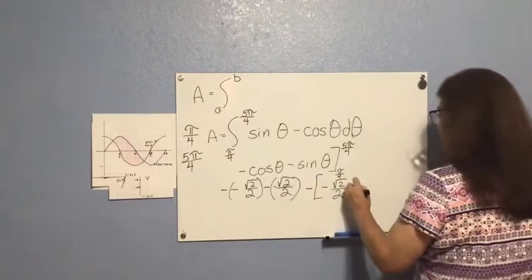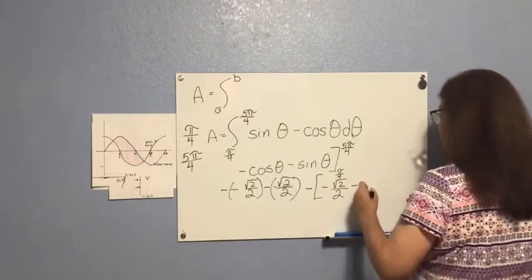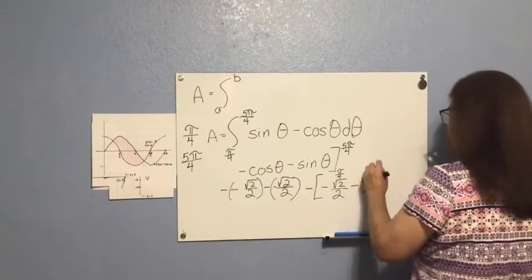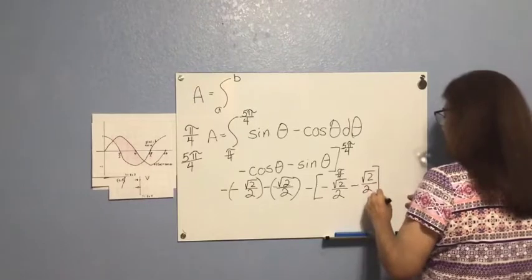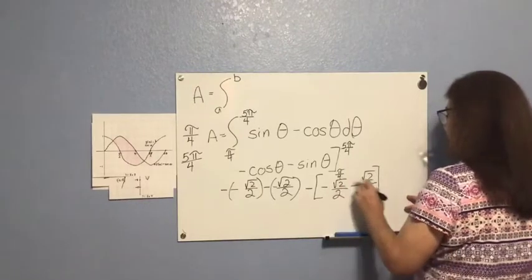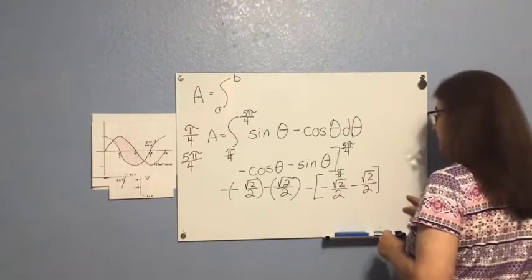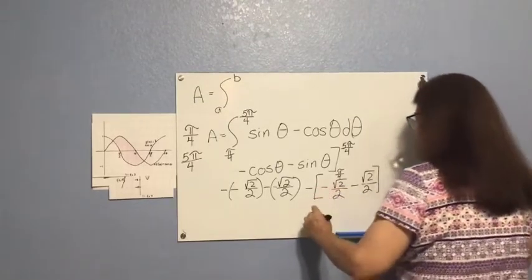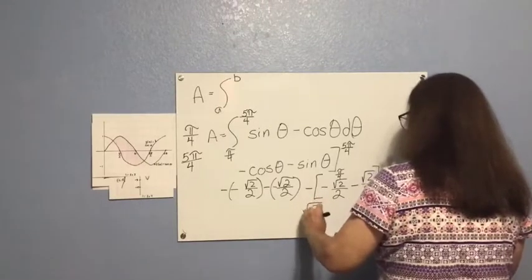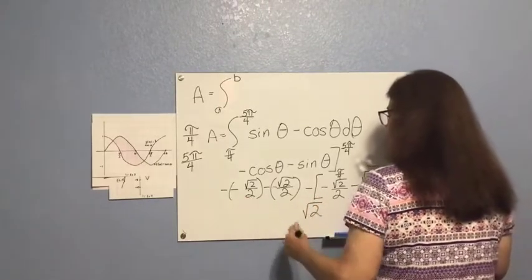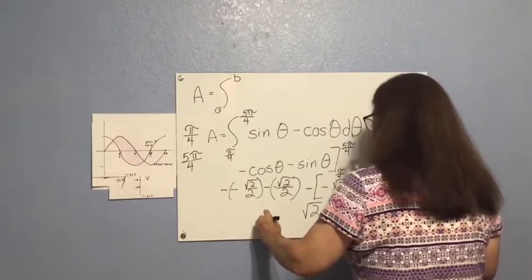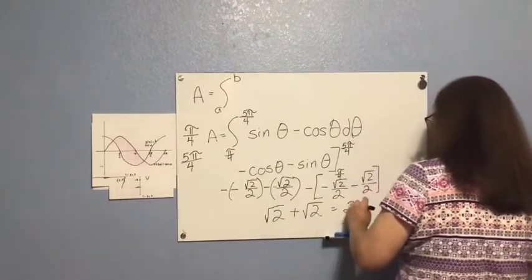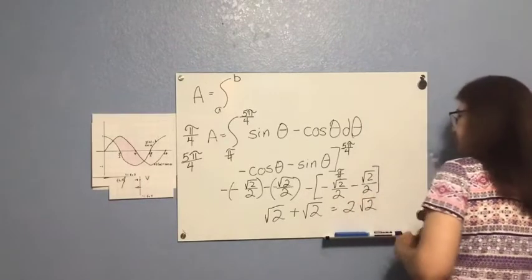And then we're subtracting the sine of pi/4, so √2/2. Okay, so this ends up being the negative square root of 2, but we're subtracting, so this is positive square root of 2. Same thing applies here. We're going to get square root of 2. And we end up then with 2 square root of 2.